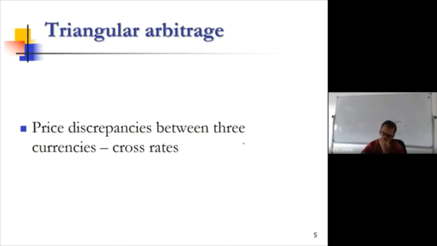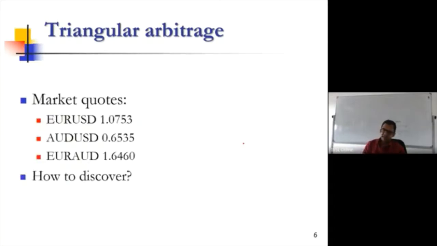The next arbitrage is triangular arbitrage. That happens when there are price discrepancies between three currencies. That means cross rates. When we have three currencies, we can calculate the cross rate. We'll start with an example.